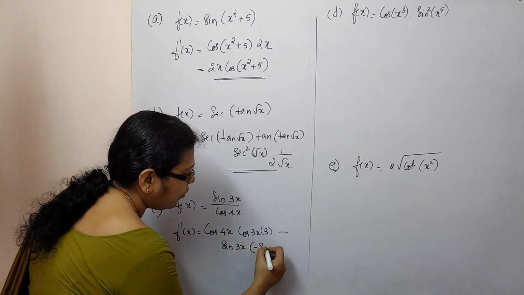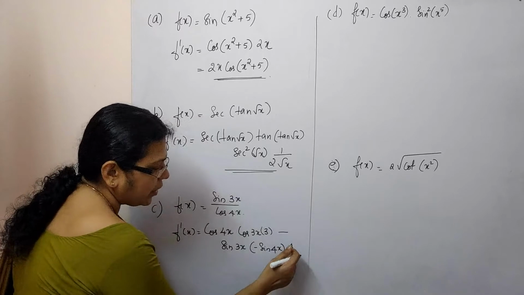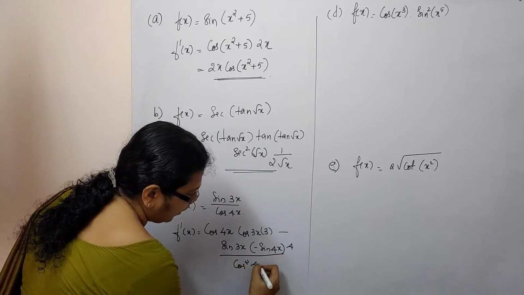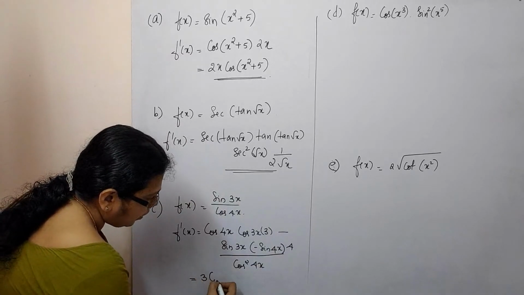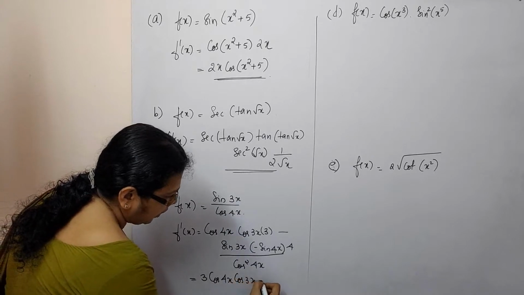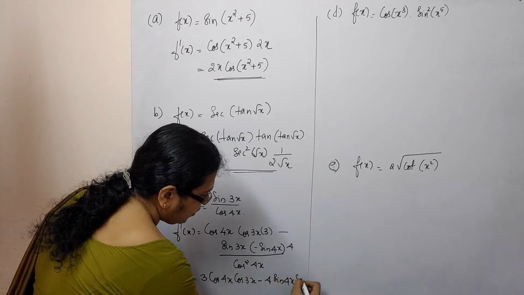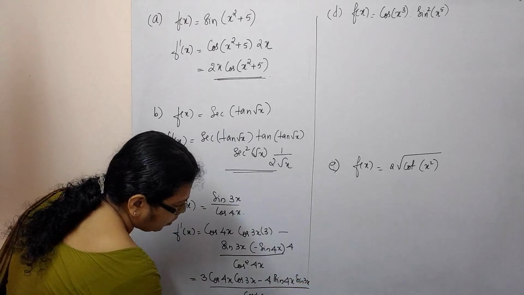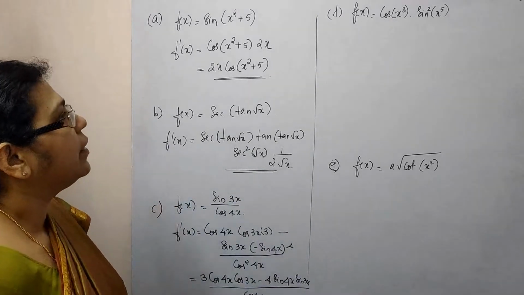The derivative of cos of 4x is minus sin 4x into 4, since that of 4x is 4, divided by cos square 4x, the denominator square. I can just simplify and write: 3 cos 4x into cos 3x minus 4 sin 4x into sin 3x, the whole divided by cos square 4x. Got it? So that's it.